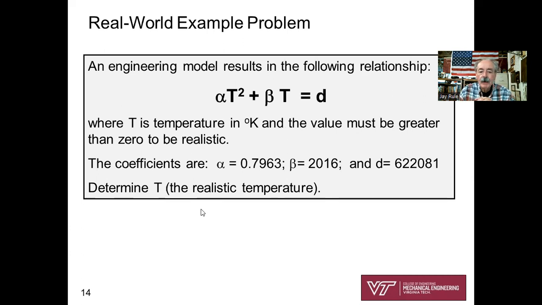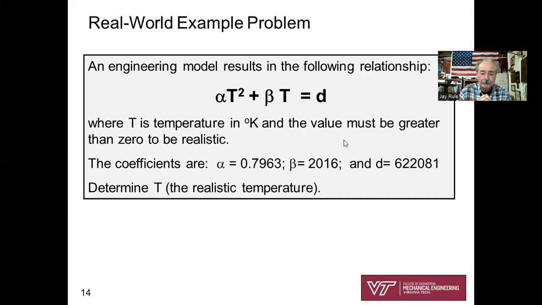All right, so here's an example. An engineering model results in the following relationship: alpha times T squared plus beta, Greek letter beta, times T equals D, a number. The numerics here are taken from a real, honest-to-goodness thermodynamics problem where capital T is temperature in degrees Kelvin.